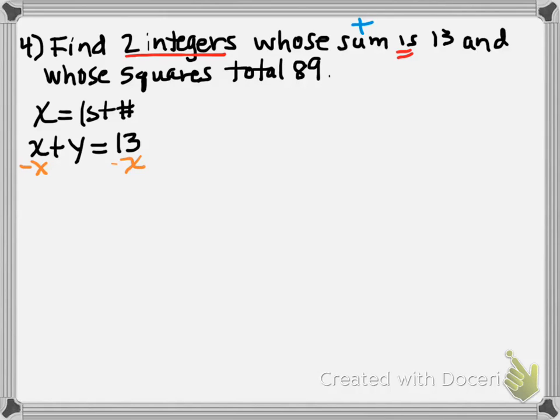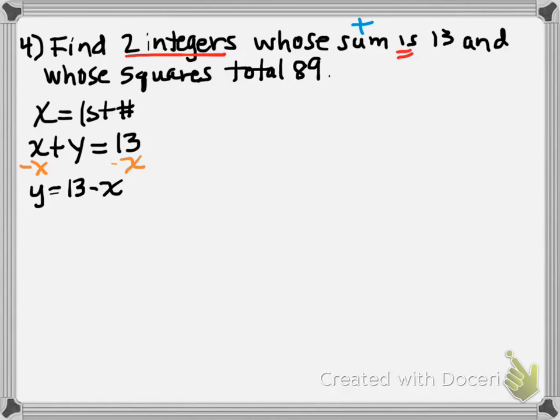And what we get is y equals 13 minus x. And this goes back to something I've been talking to you guys about since probably chapter 2, chapter 3. When you have two unknowns and you know the total, which is another way of saying sum, one number gets to be x, the other gets to be total minus x.